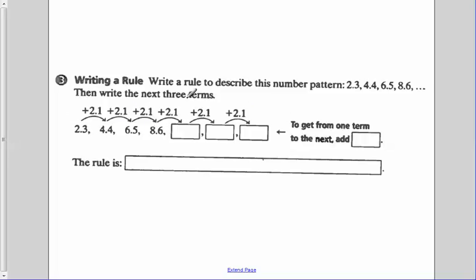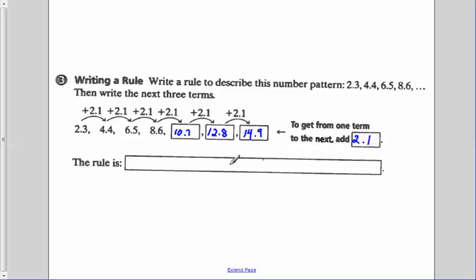So if I add 2.1 to 8.6, then I get 10.7. If I add 2.1 to 10.7, I get 12.8. And then I add 2.1 to 12.8, I get 14.9. So to get from one term to the next, I'm going to add 2 1/10, or 2.1.